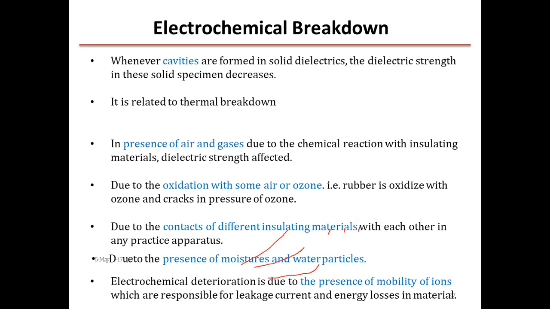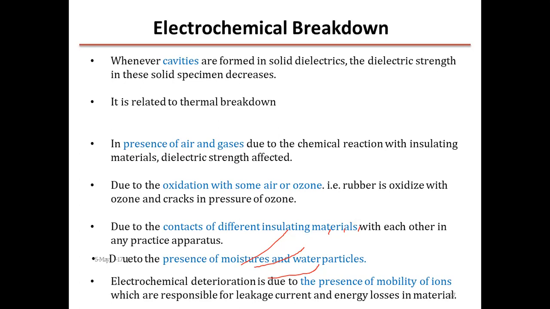In the presence of air and gases, due to the chemical reaction with the insulating material, dielectric strength is affected. Due to oxidation with some air or ozone, for example rubber is oxidized with ozone and cracks in the presence of ozone. Due to the contact of different insulating materials with each other in any practical apparatus, due to the presence of moisture in the water droplets.